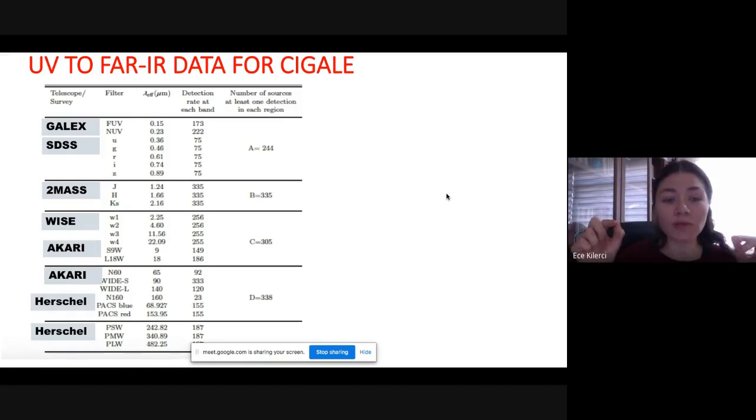When you have the Akari bands at 90 and longer than 100, like 140 and 160, then you can have a better constraint for the dust SED. But unfortunately for our sample, the detection rate at Akari 140 and 160 was low. That's why we wanted to use Herschel data when we have it.